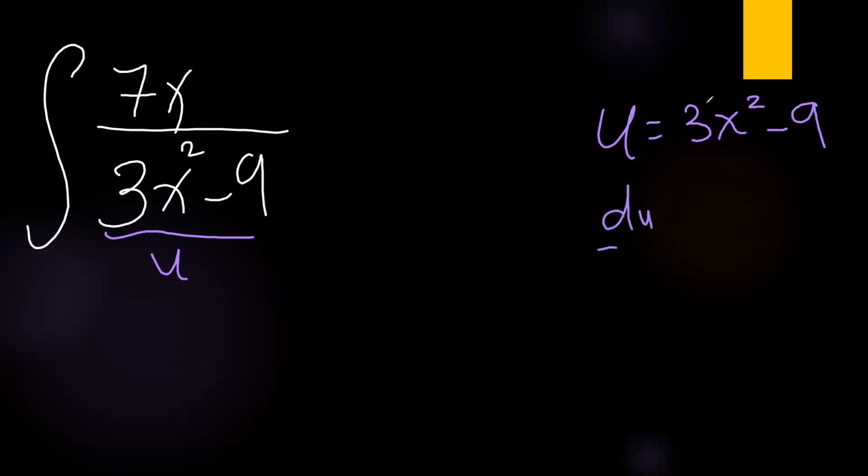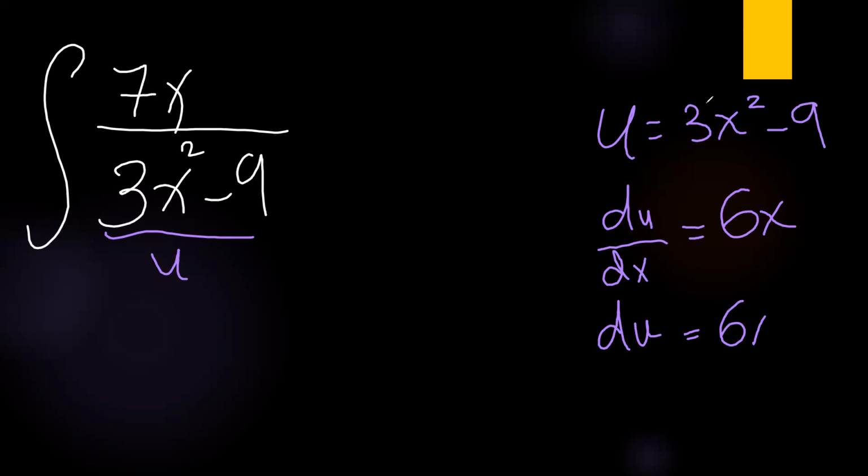So du over dx will be 6x. So du now is 6x dx. But there's no 6x, so I will replace it only with x. So let's say that du over 6 is x dx.